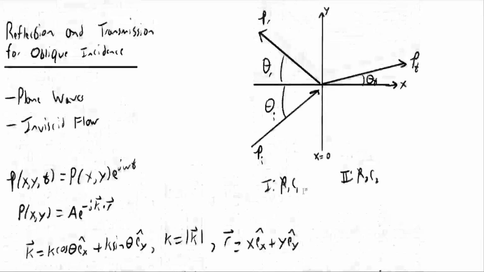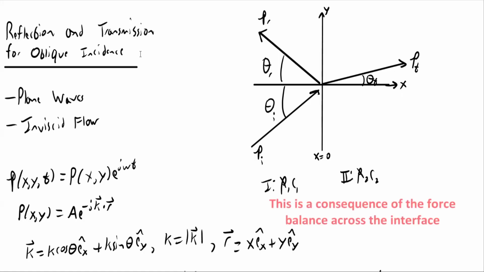Okay, so to calculate the reflection and transmission coefficients between two fluids at an oblique incidence, there are two boundary conditions that must be satisfied at the interface. The first of which is that the pressure on both sides of the interface be equal.